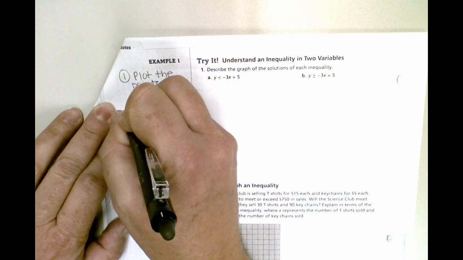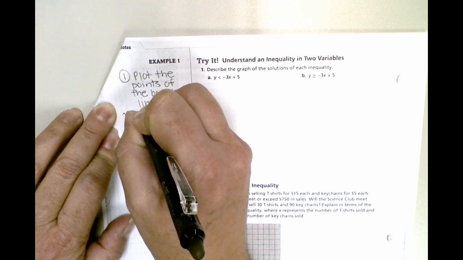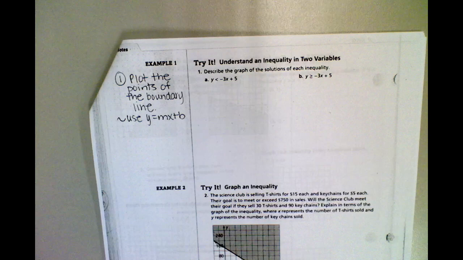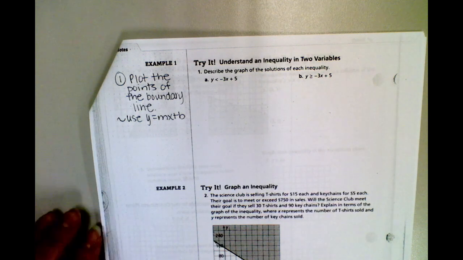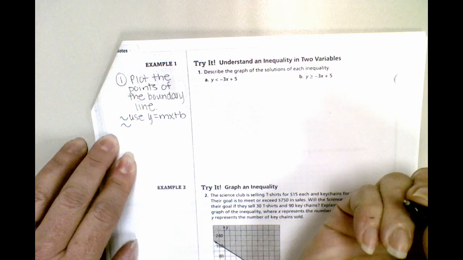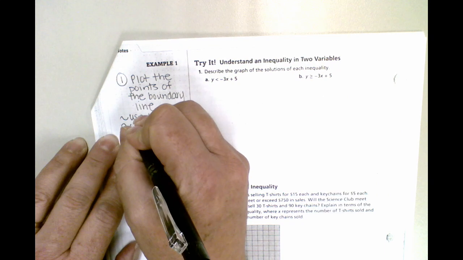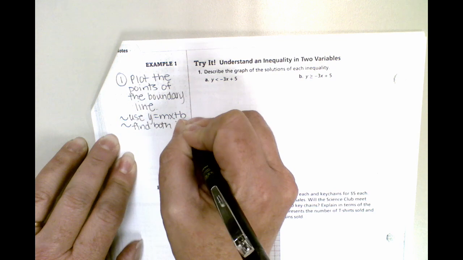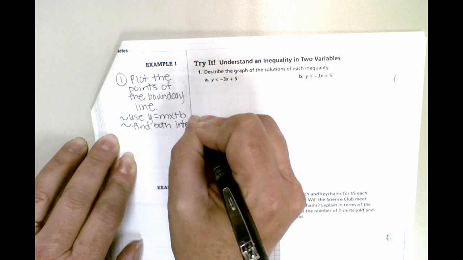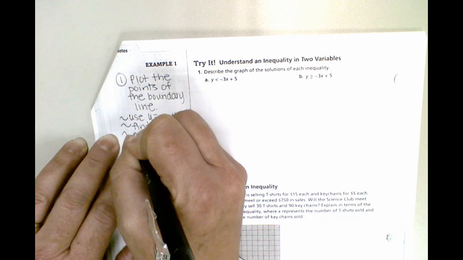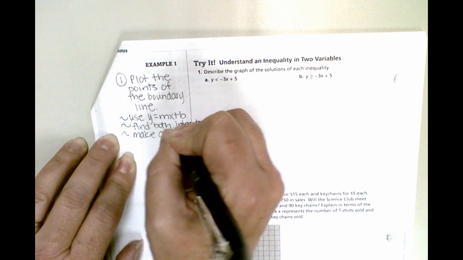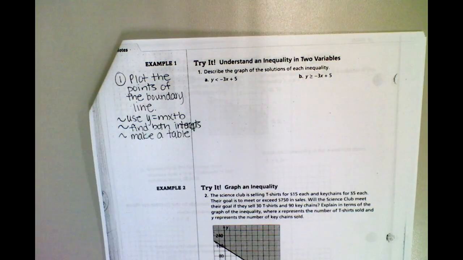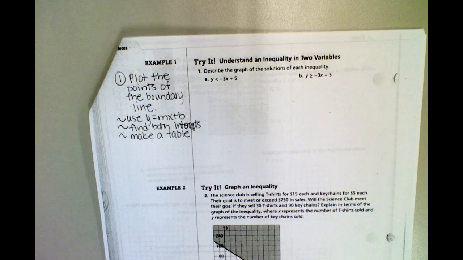Remember that you can do this by using y equals mx plus b, so plotting the y-intercept and then using rise over run. Or if it's in standard form, we could find both intercepts. Or we could make a table or t-chart. Any of these methods are valid methods for getting all the points for our boundary lines.